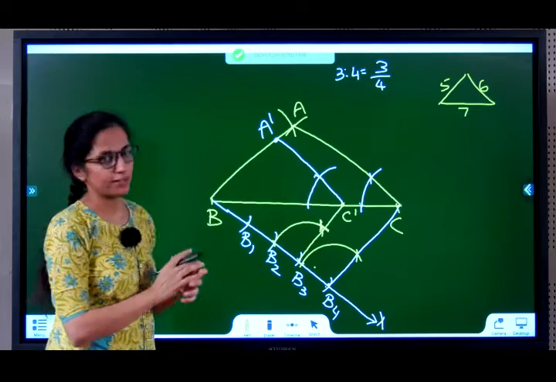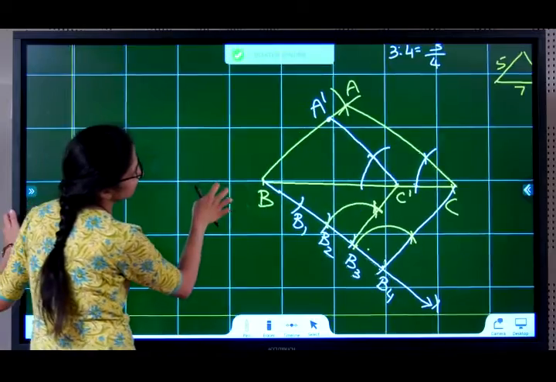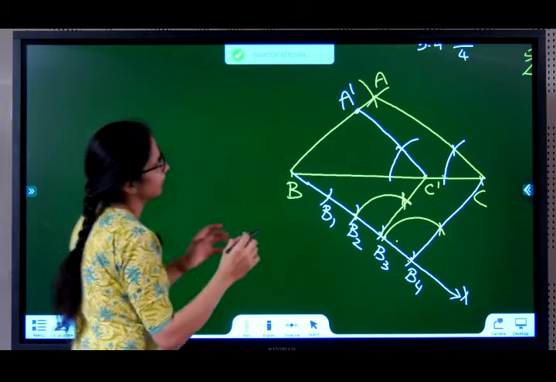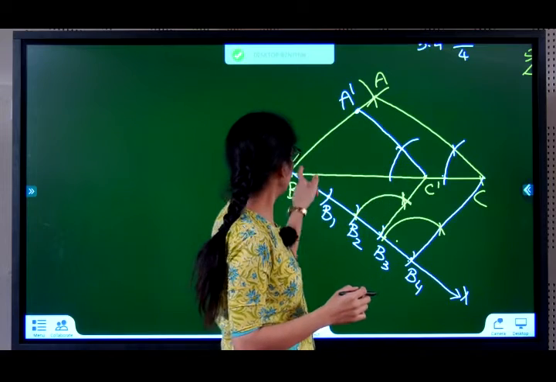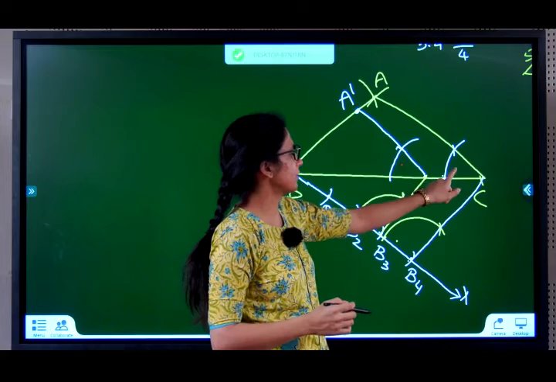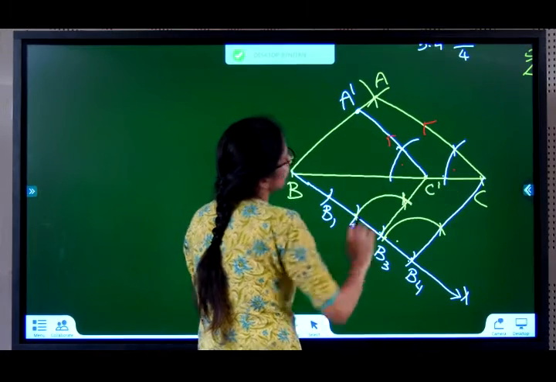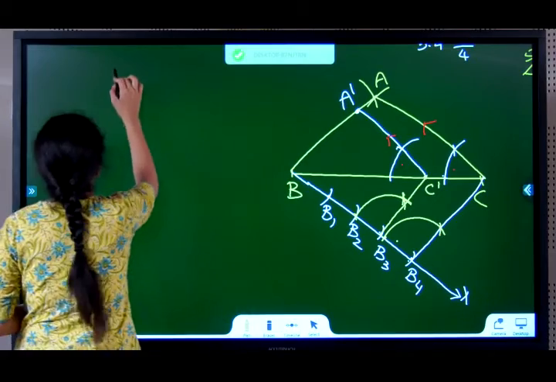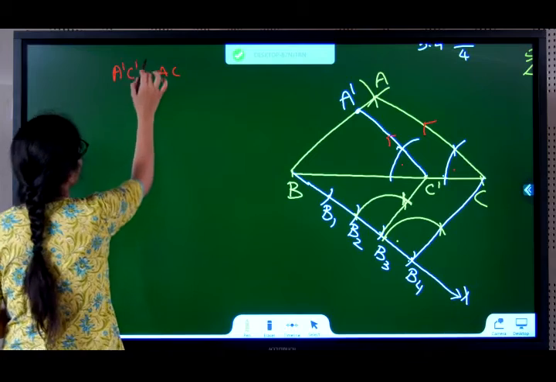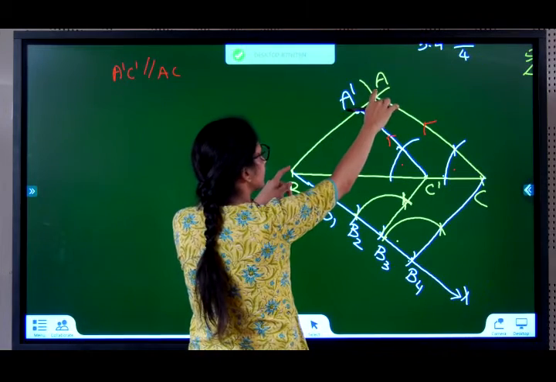How? We will justify. So now, justification part. Look here, in this triangle ABC and A dash B C dash, this angle is equal to this angle, yes? Can I say A dash C dash is parallel to AC? Yes, I can. Therefore, I can now say, see this big triangle is AB.